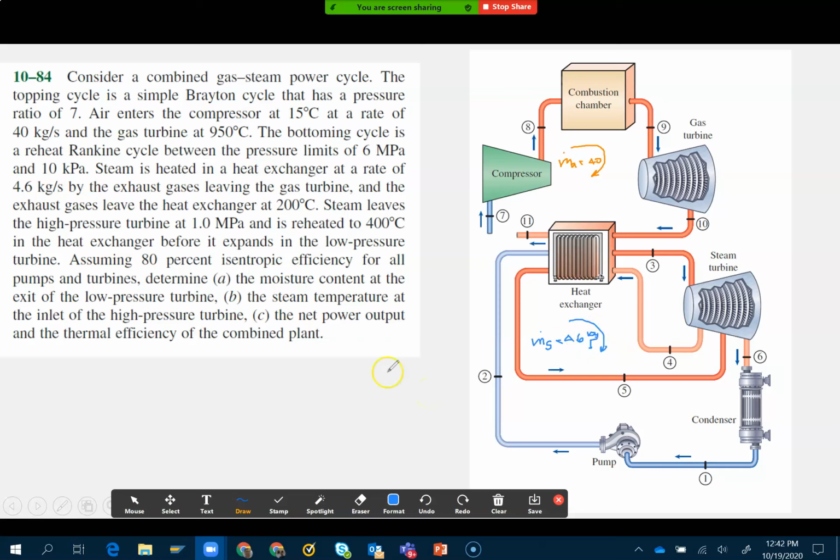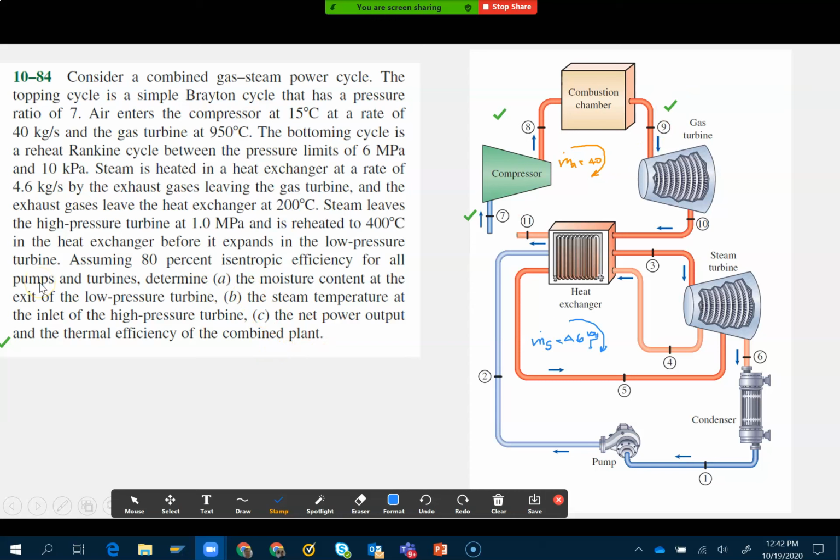Okay, we have all the data for the Brayton cycle. We are given the inlet temperature and the inlet pressure, so this state is known. We know the pressure ratio, so we can get h8, and since we have the isentropic efficiency, we can get the actual h8. We are given the turbine inlet temperature, so we know state 9.